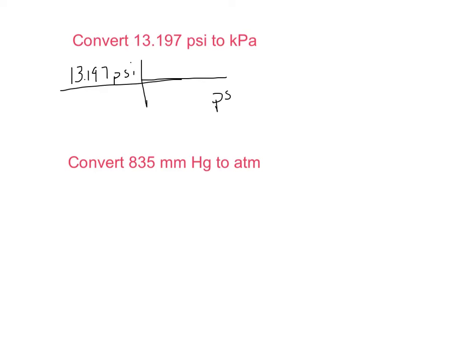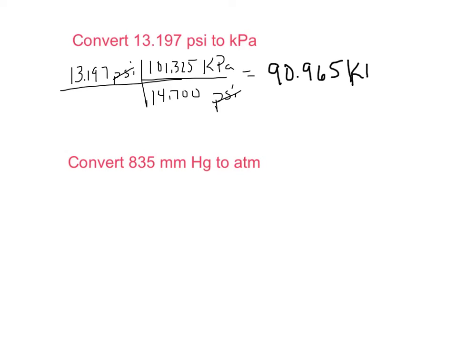We can change it directly to kPa using our chart from before, because our chart says that for every 14.700 PSI, there are 101.325 kPa. And now PSIs cancel out, and we get 90.965 kPa, kilopascals. And the reason I went so far is because of my sig figs.